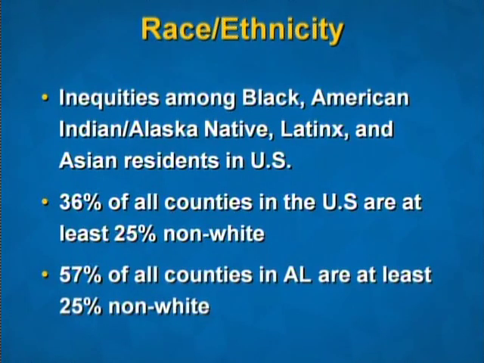Racial health inequities persist among Black, American Indian, Alaskan Natives, Latinx, and Asian residents across the nation. Nationwide, 36% of all counties are at least 25% non-white. In the state of Alabama, 57% of all counties are at least 1/4 non-white, which would be 38 of 67 counties.